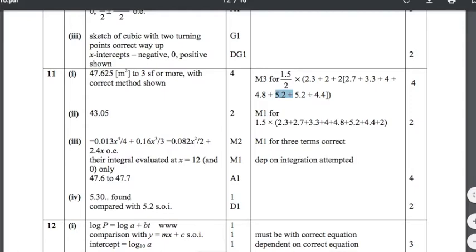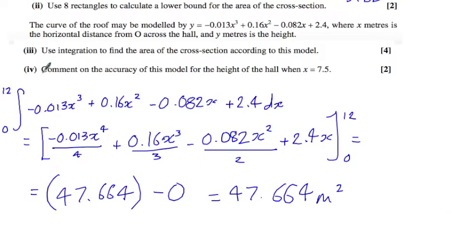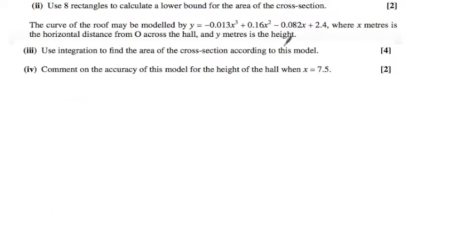So then they ask, comment on the accuracy of this model for the height of the hall when x is 7.5. So if we sub in 7.5 to find the height, so I'm just subbing it into y equals, so minus 0.013 times 7.5 cubed plus 0.16 times 7 squared minus 0.082 times 7 plus 2.4 is 4.181625 meters.